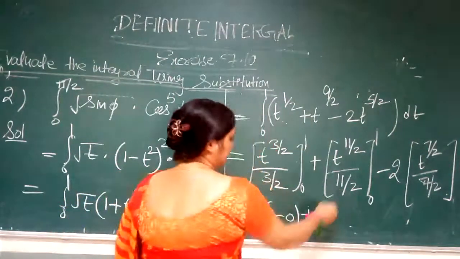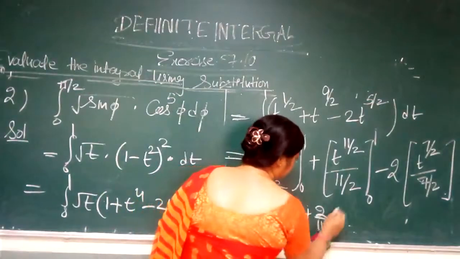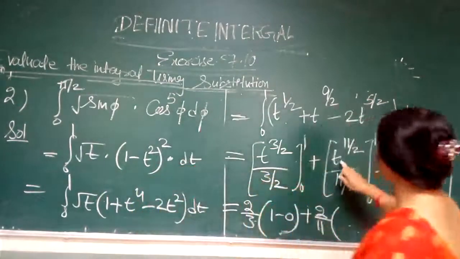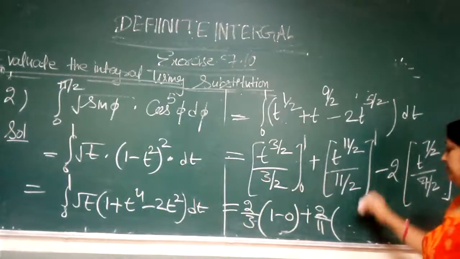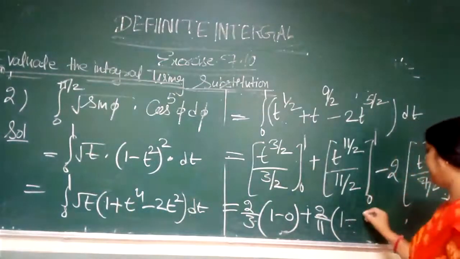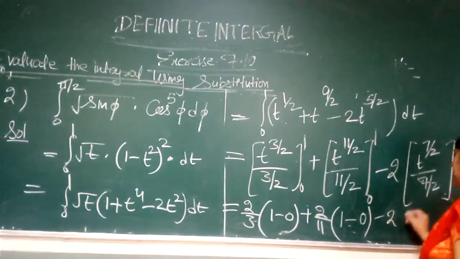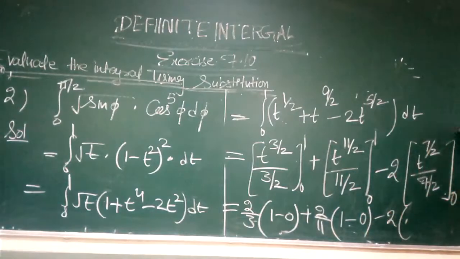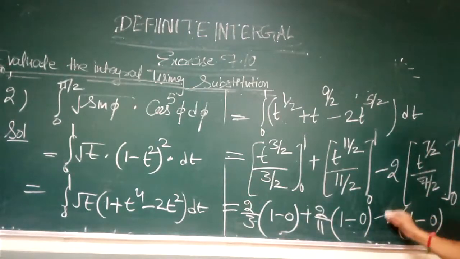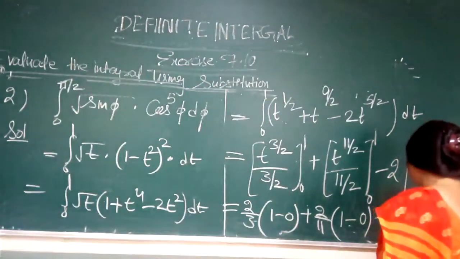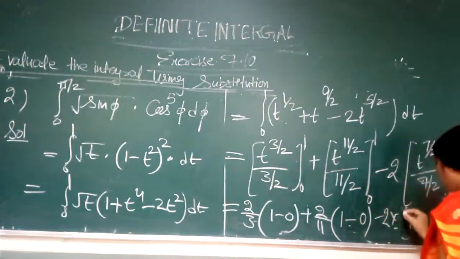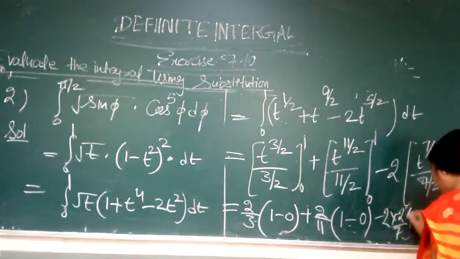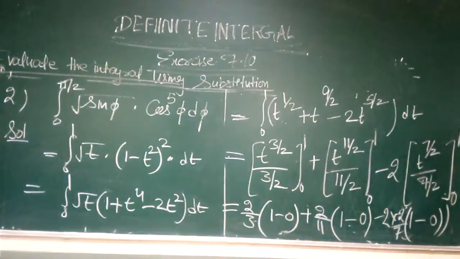Plus 2 by 11, and apply the limit: 1 to the power 11 by 2 is 1, minus lower limit 0. Minus 2 into upper limit 1 minus 0, into 2 by 7, so 2 into 2 by 7, because it is 7 by 2.